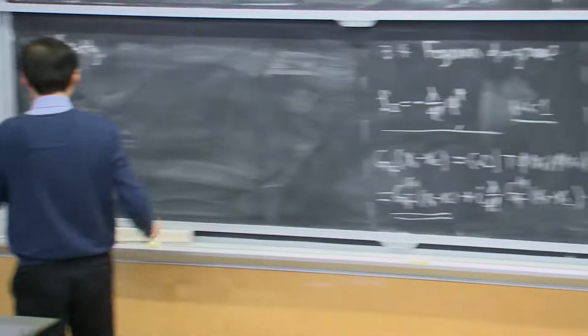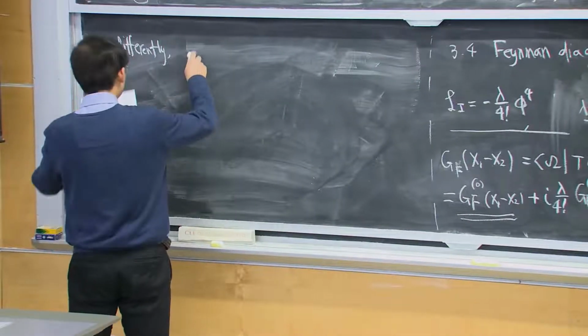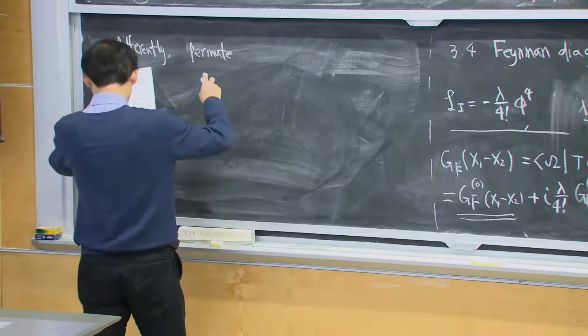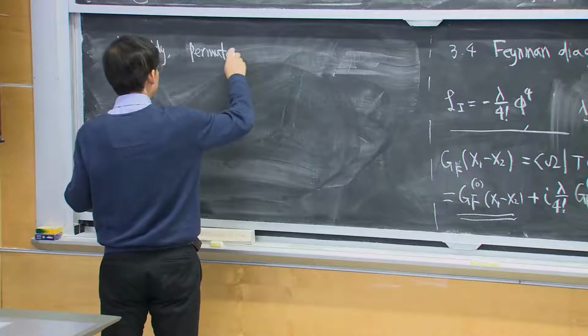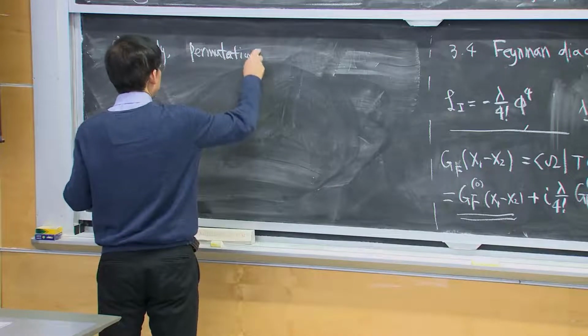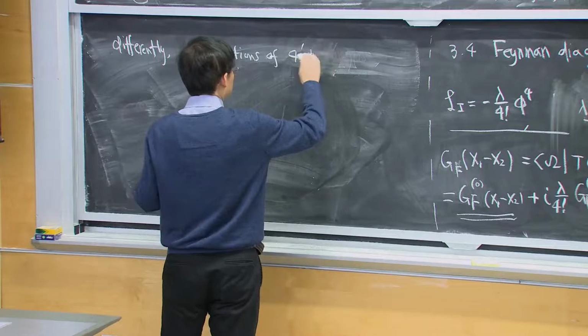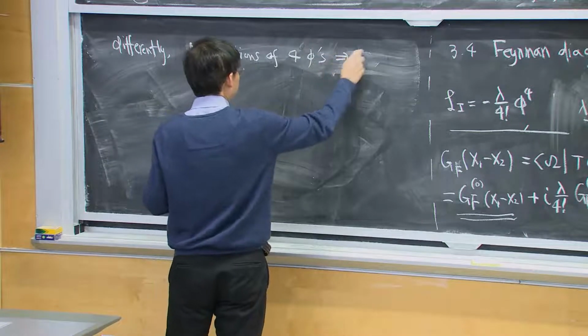That diagram should also be included. Then you can permute the 4 phis, and the permutation of 4 phis leads to 4 factorial.